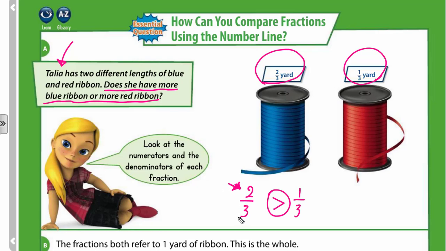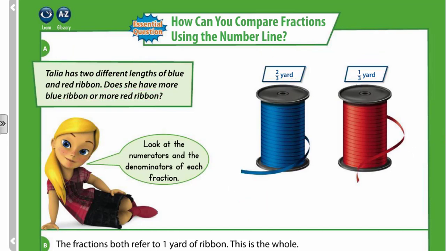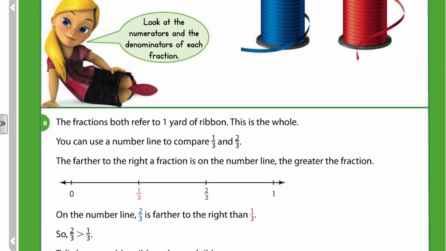So 2/3 is greater than 1/3. So what is new today? Today we will use another way. The new way is the number lines. Let's see how to use it.